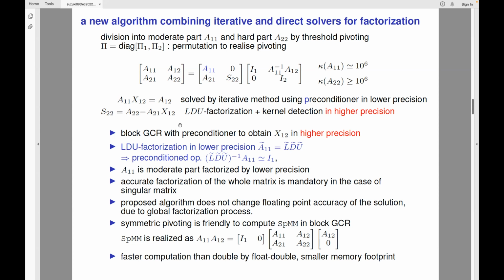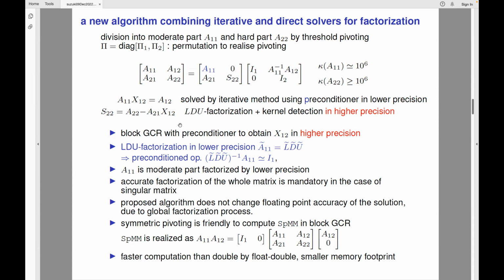The way to introduce the preconditioner is to factorize the matrix in low precision. Because the condition number is moderate, the low precision factorization is a good approximation of the original matrix part. But if we try this on the whole system, where the condition number is huge, factorization in low precision is not enough. But in this way I have already decomposed into two parts, the moderate part and the hard part. The moderate part can be factorized in low precision, but the solution itself by the iterative solver is obtained in higher precision.